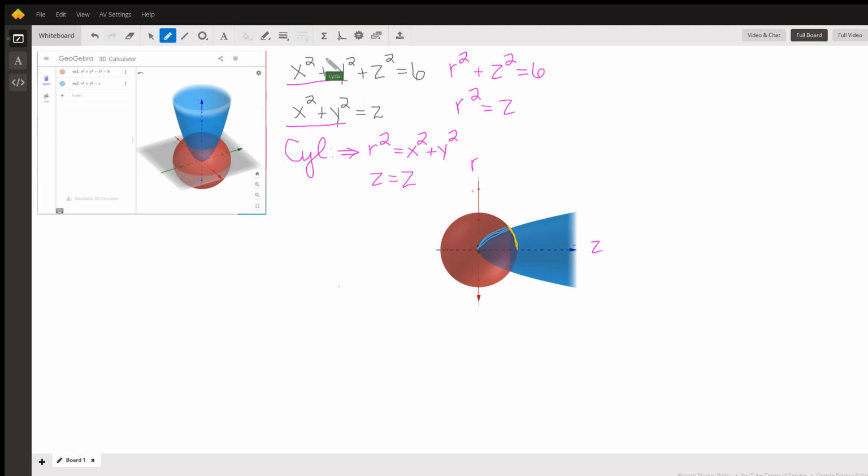When you're setting up those two integrals, first you're going to solve for the points in terms of z where you have intersections. Second, you'll have two integrals.